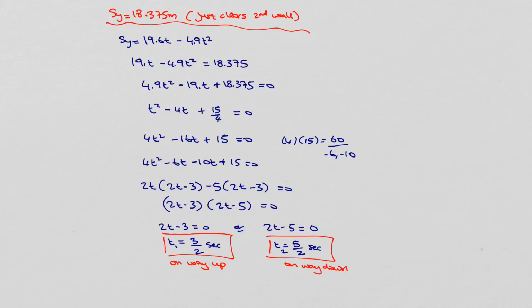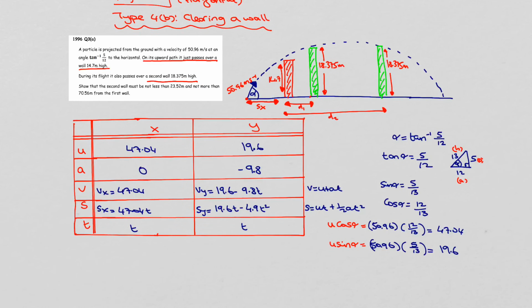So again, if I go back to my diagram, 3 over 2 seconds would be the time that it takes to clear this one. And t2 would be when it's 5 over 2 seconds.